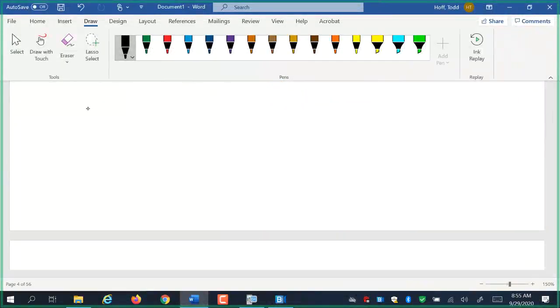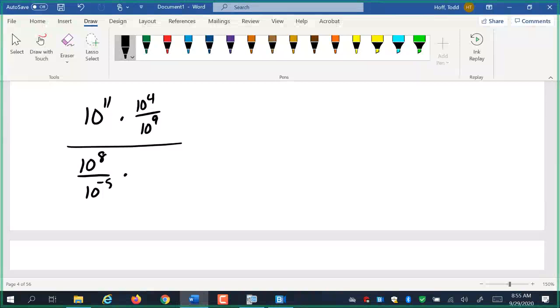Or we might have 10 to the 11th times 10 to the 4th over 10 to the 9th, over 10 to the 8th over 10 to the negative 5th, times 10 to the negative 3, to the power of, let's go negative 5 just for fun.